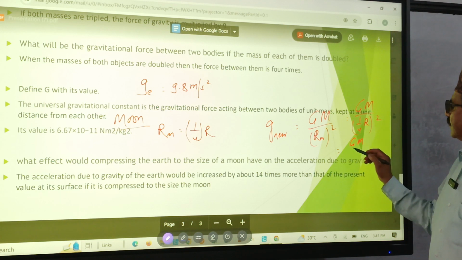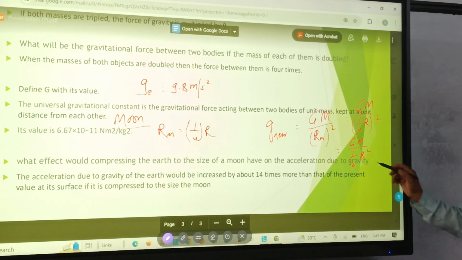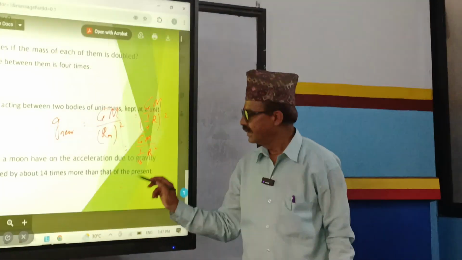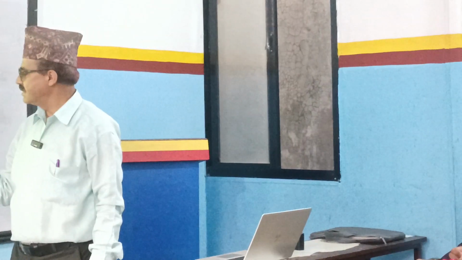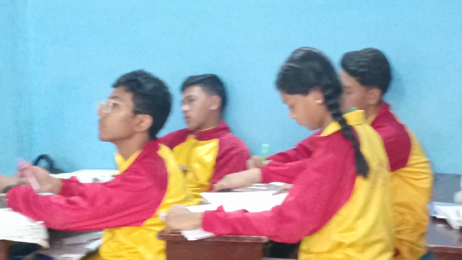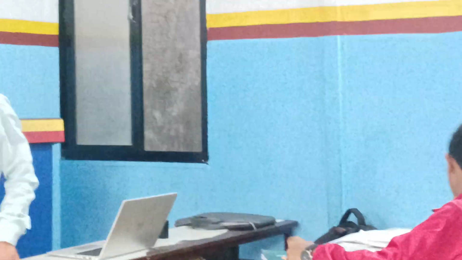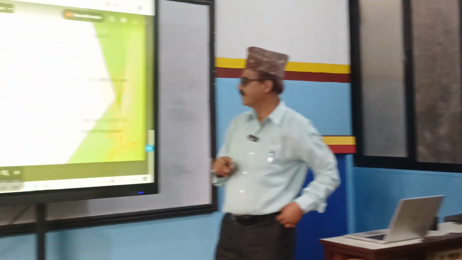GM by 1 by 16 R square, right? Then this 16 goes up: 16 GM by R square. But GM by R square, its value is there. How much? 16 times 9.8 meter per second square. How much does it come? 16 multiplied by 9.8 meter per second square.